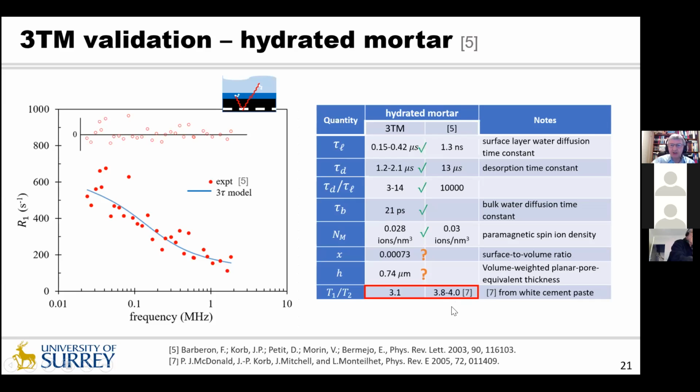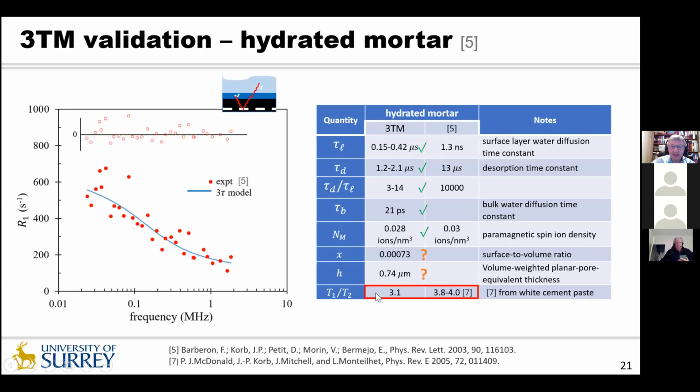And a decision to do that was based on some experimental work by my colleague, Peter MacDonald at Surrey in 2005 on white cement paste that yielded this ratio T1 to T2.